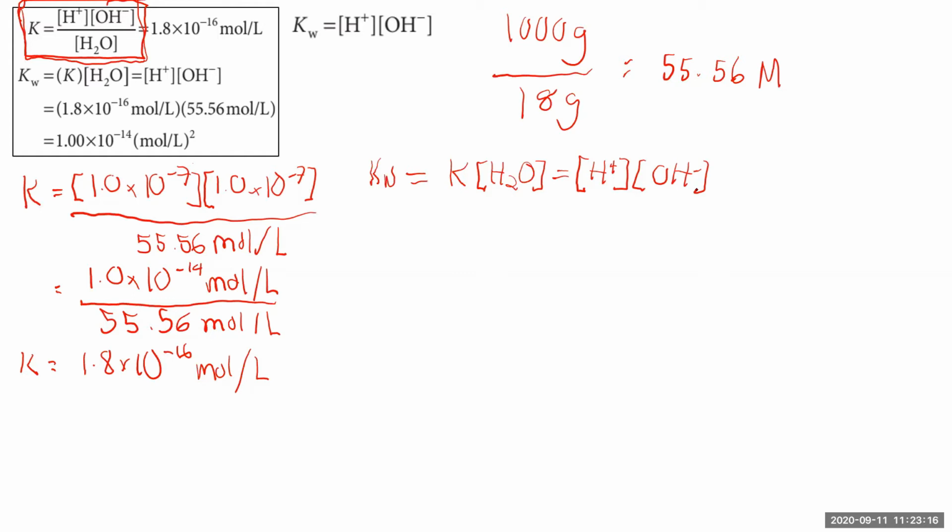So let's try to substitute the values. We have the value of K, which is 1.8 times 10 raised to the power of negative 16 molars per liter.